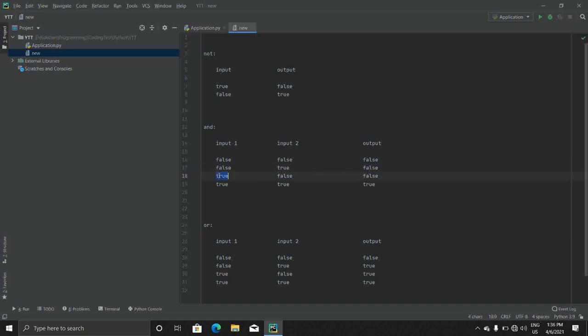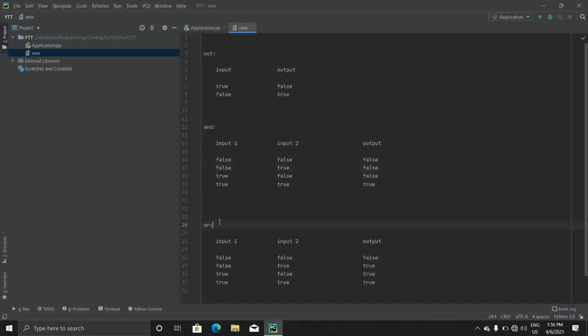And if input 1 was true and input 2 was false, it gives us false. And if input 1 and input 2 were true, it gives us true. If you decide to use these Boolean operators, you need to keep these things in your mind, right?